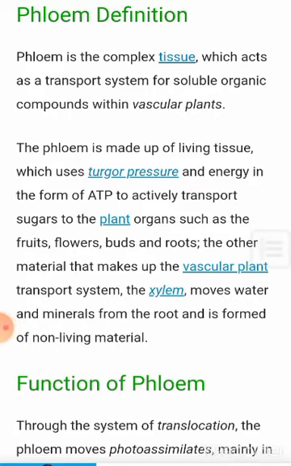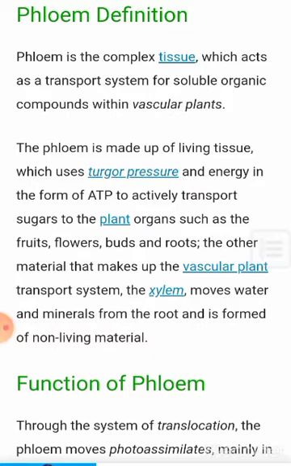Today we are going to discuss about phloem. The phloem is the complex tissue which acts as a transport system of soluble organic compounds within vascular plants.